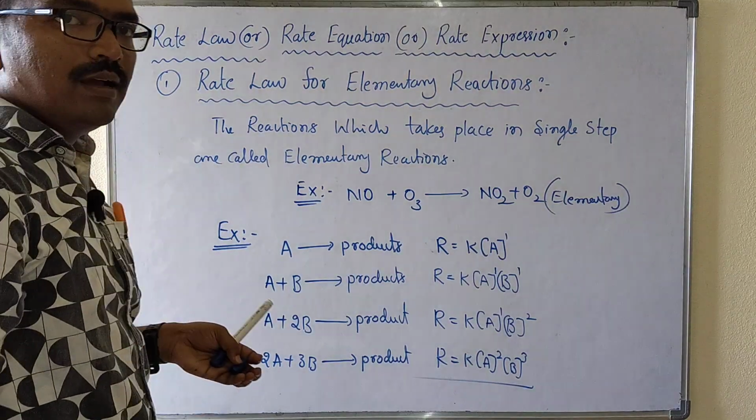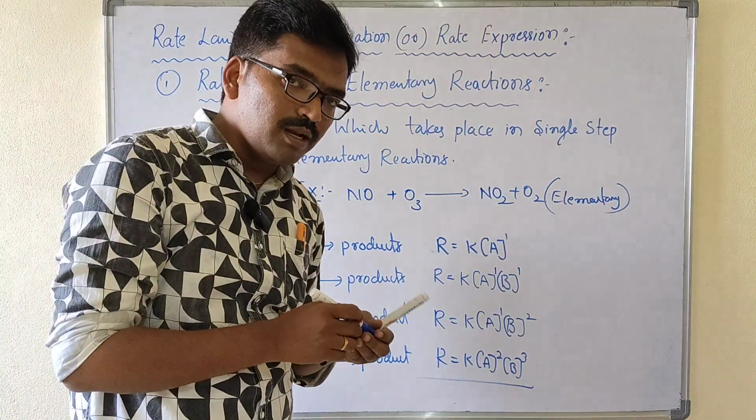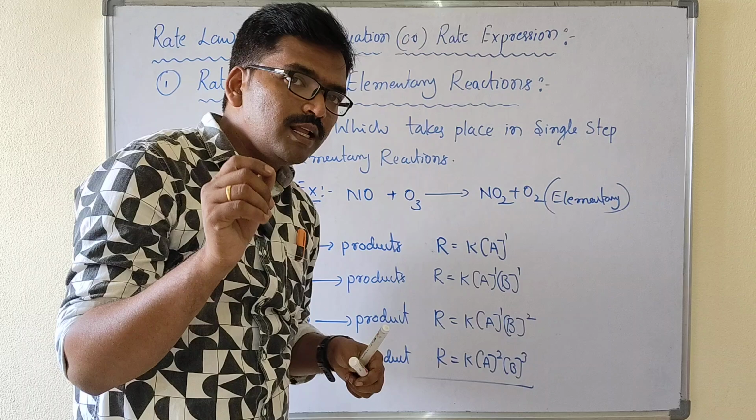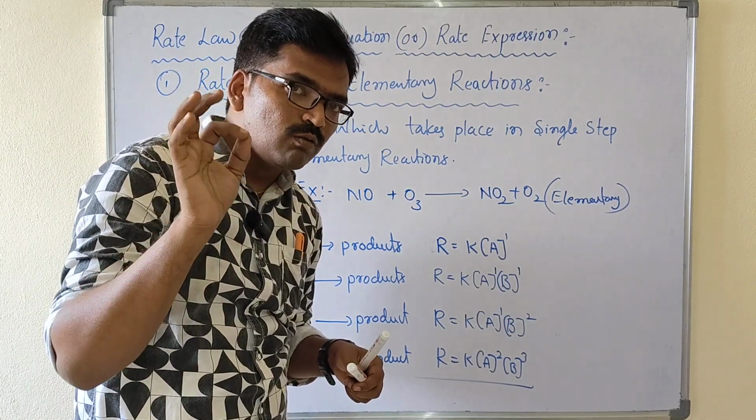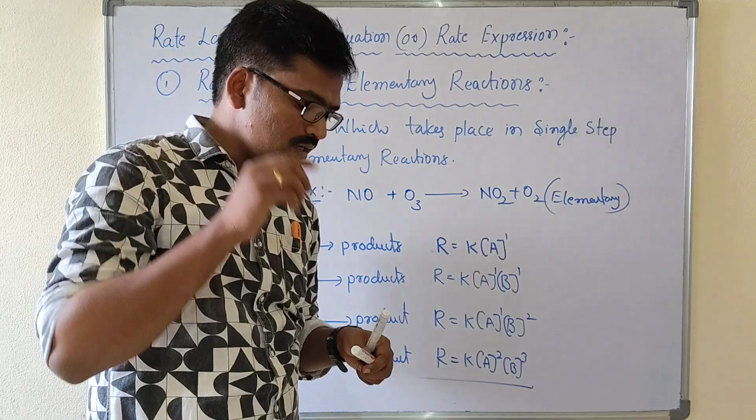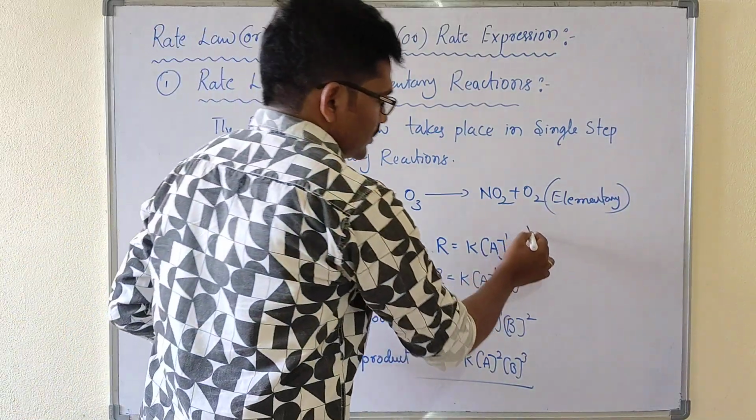So that is the flow for elementary reactions. In the elementary reaction, remember my dear students, the stoichiometry coefficients are equal to the order of reactants. So note that point.